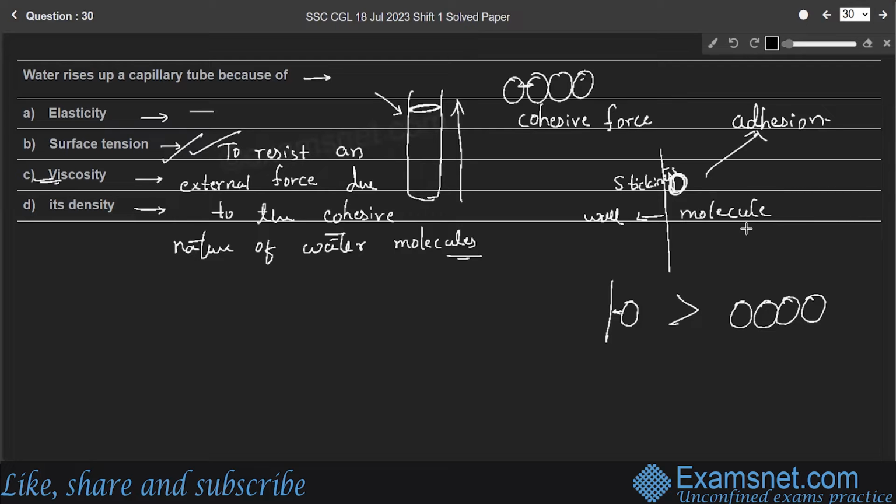Density, the last option, is mass per unit volume of a substance. For the given question, water rises up the capillary tube because of surface tension is the answer.